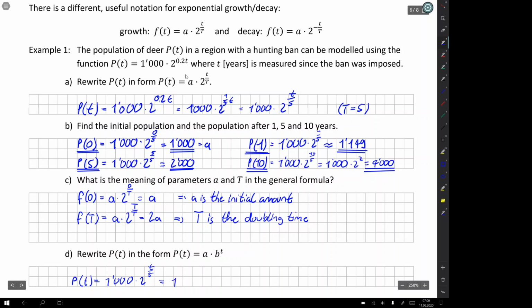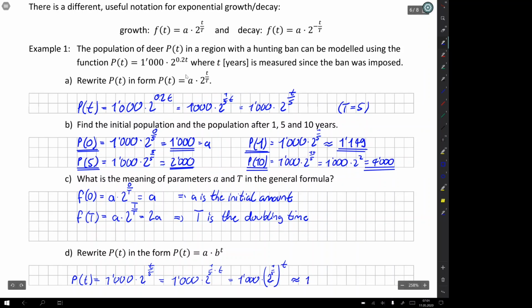And we can write that now as 1000 times 2 to the power of 1/5 times t, which means we get 1000 times 2 to the power of 1/5, the whole thing to the power of t. So this is 1000 times approximately 1.149 to the power of t, and we have rewritten the whole thing in the form a times b to the power of t.